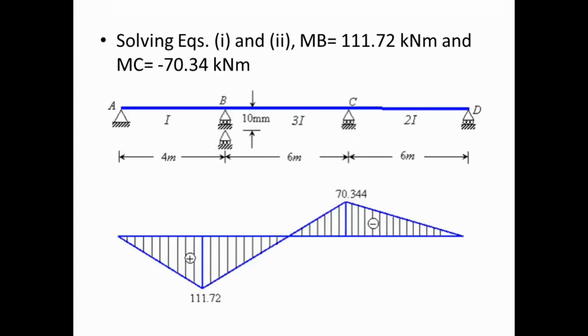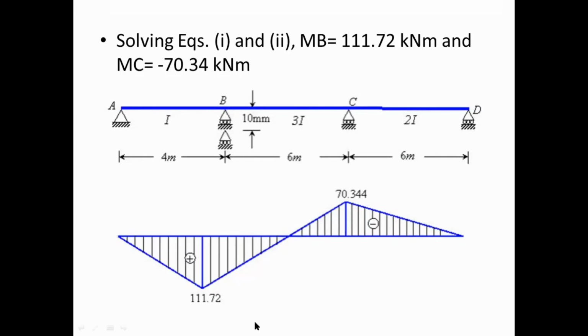After solving equations 1 and 2 simultaneously, we get MB as 111.72 and MC as minus 70.344. Please see, one moment we get positive, another moment we get negative.